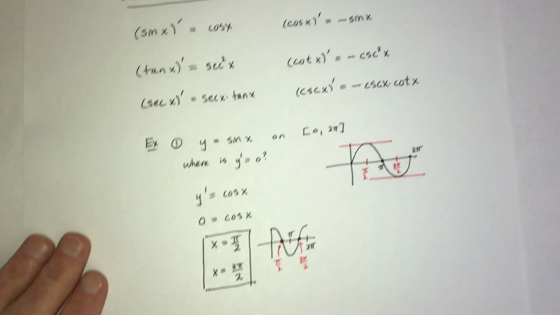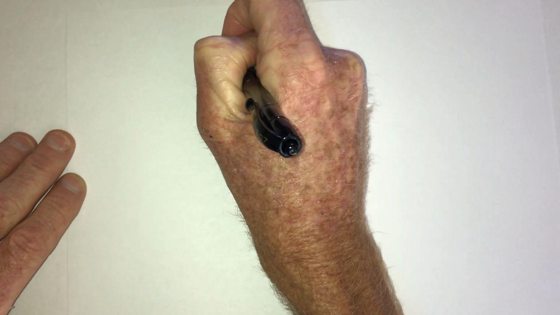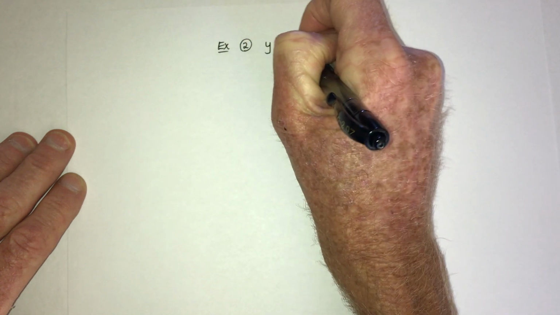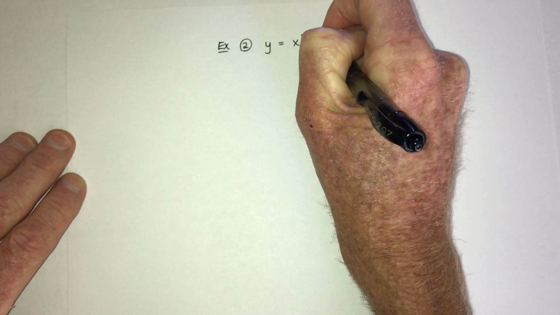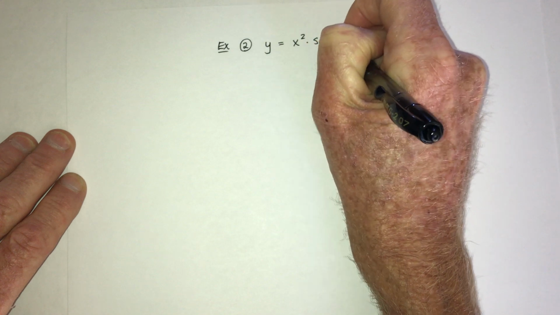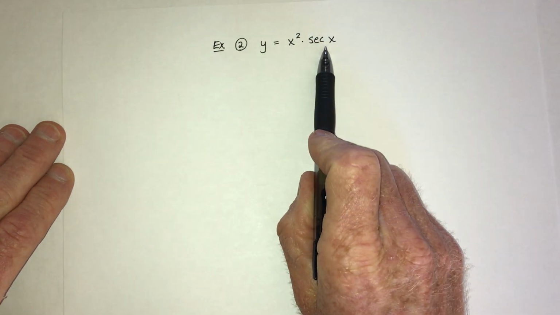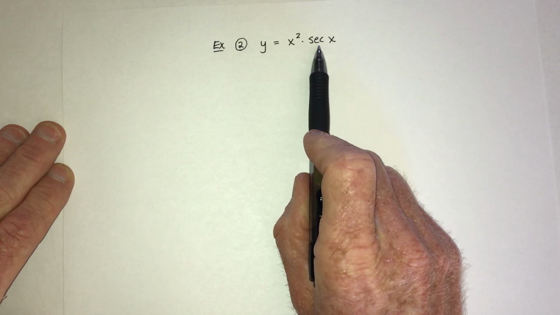Then how about something that is a little more challenging? Example number 2. How about if it's just y equals x squared times secant of x? So this is a product. We need to use the product rule.